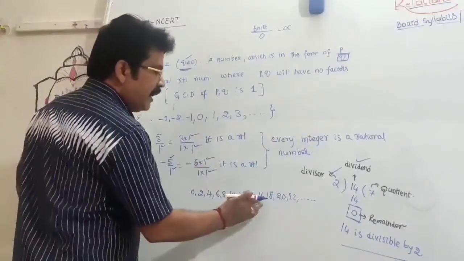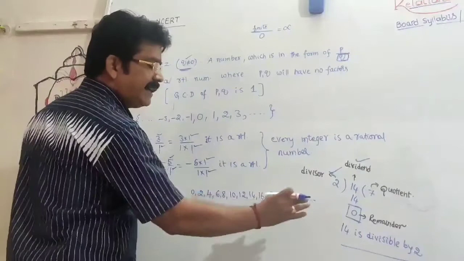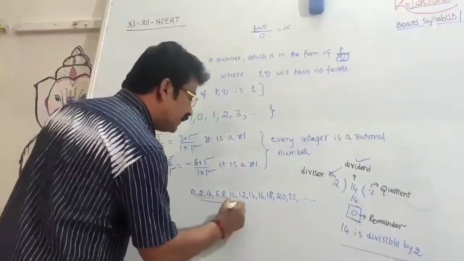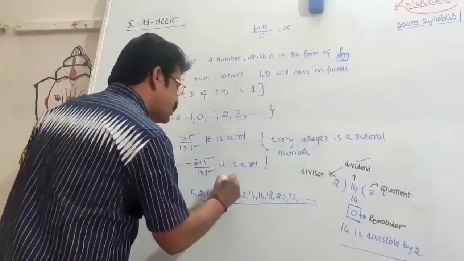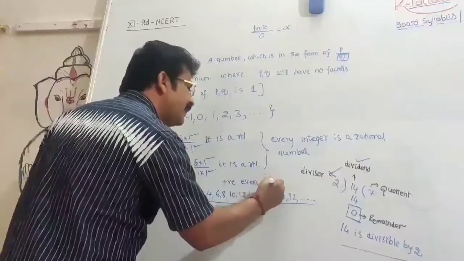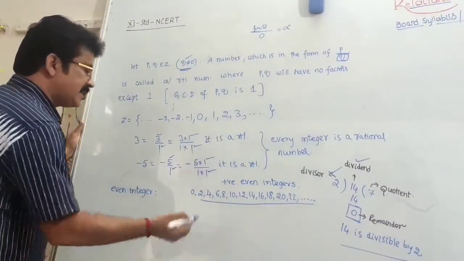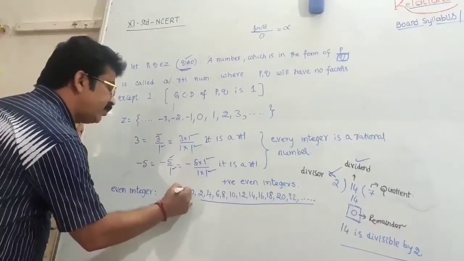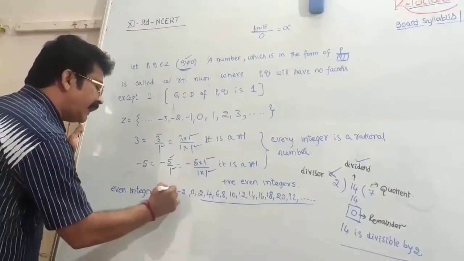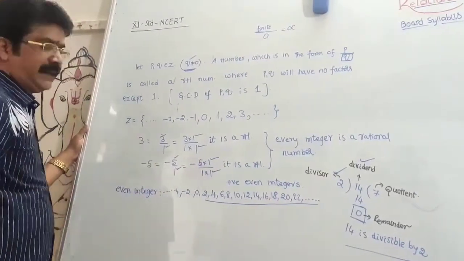Similarly, 16, 18, 20 are divisible by 2, and so on. Of course, these are called positive even integers. Next, on the negative side, -2 is also an even integer, -4 is also an even integer, like that.